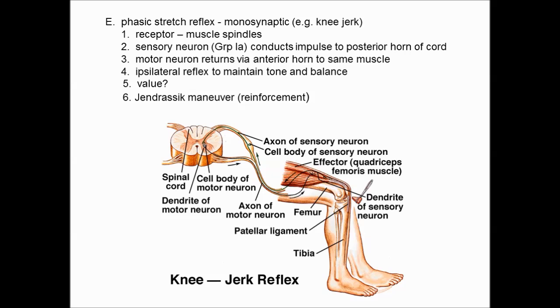So the receptor is a muscle spindle, and stretching it sends a signal largely through 1A afferents to the posterior horn of the cord. And this does not have an interneuron. It's a classic monosynaptic reflex. It goes back out the ipsilateral ventral horn, or anterior horn, back to the same muscle.